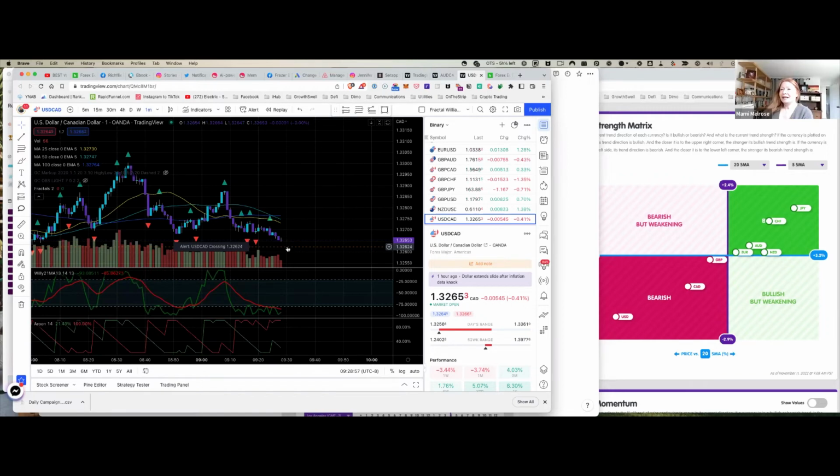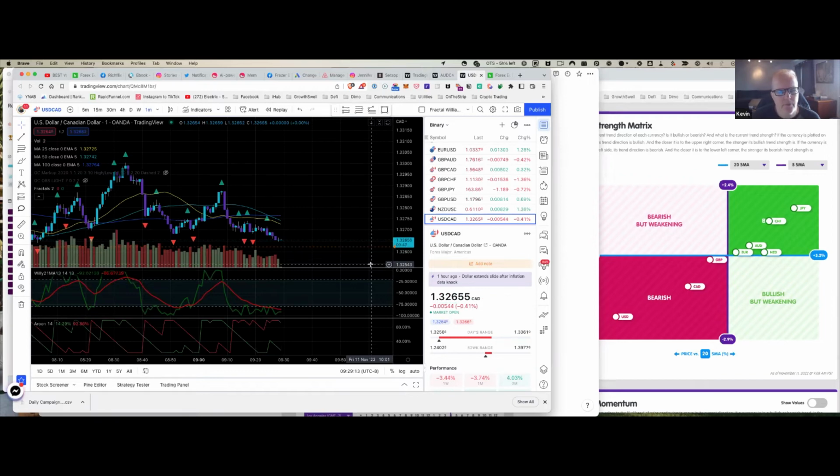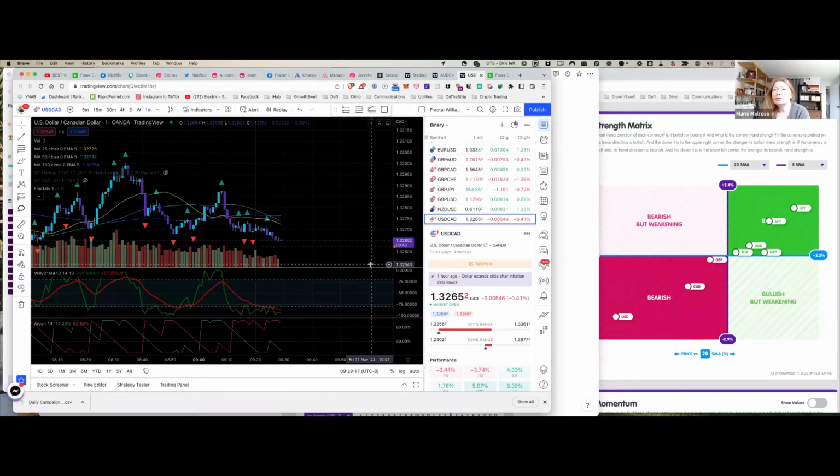And that is a challenge. So what am I waiting for here? What might I be waiting for? Kevin? Well, we're waiting for the Williams and Aroon to come back up and cross, for the green to cross the red and continue to go up. Not quite. We will be doing that, but there's something else that's going to happen first.